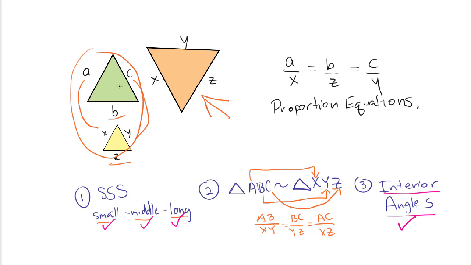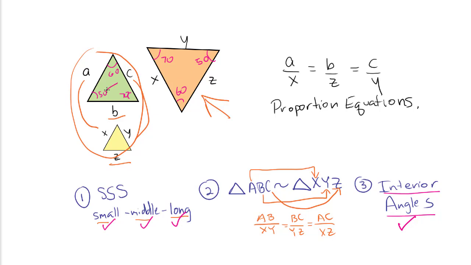So for example, suppose I knew the angles in my original ABC were, let's say 50, 60, and 70. And I knew the angles in this triangle were 70, 60, and 50. We knew from AA that these triangles were similar, for example. Well, how do I set up my proportion equations?